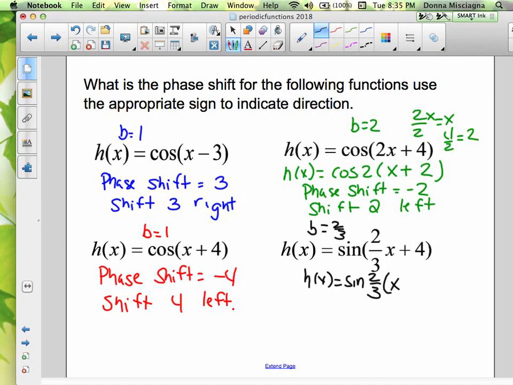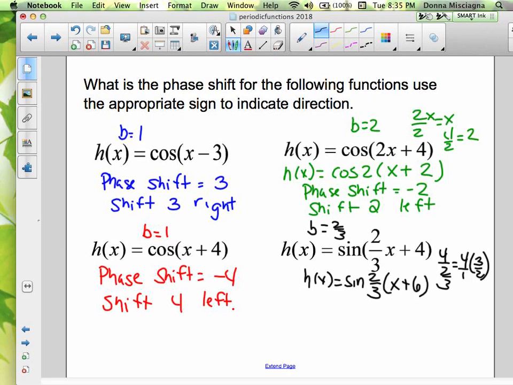That's going to be x. Dividing 4 by 2/3 is the same as 4 times 3/2, the reciprocal. So that would be 12 over 2, or 6. So that's plus 6.